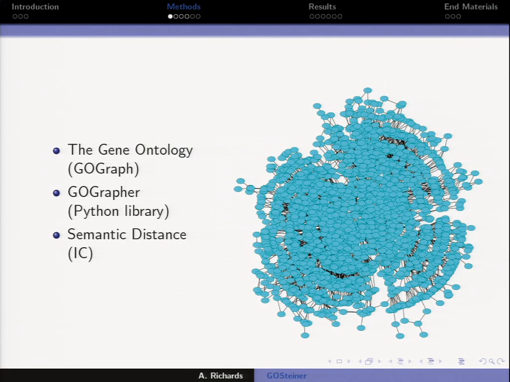Take that back, just the Gene Ontology again. All the terms have relationships, and it makes a very easy graph itself. We have a GO graph of the ontology.